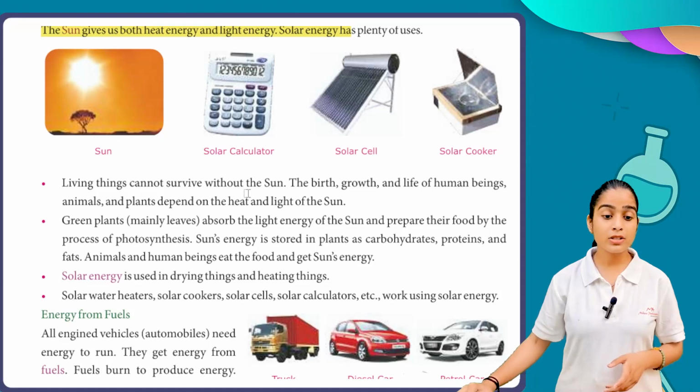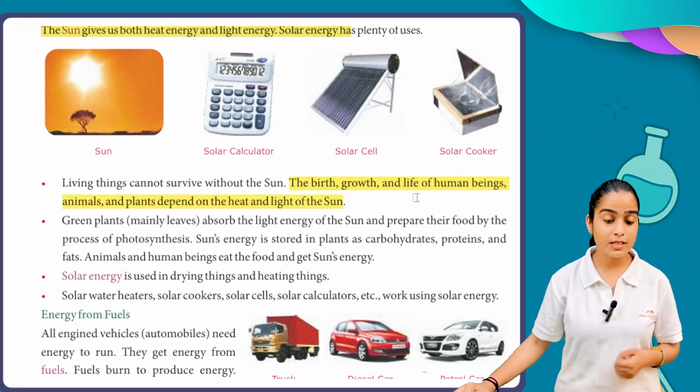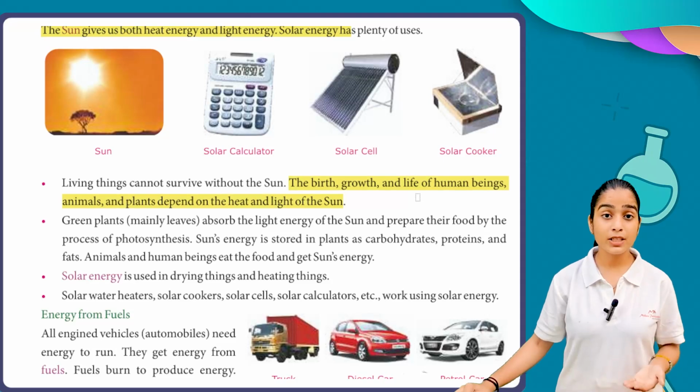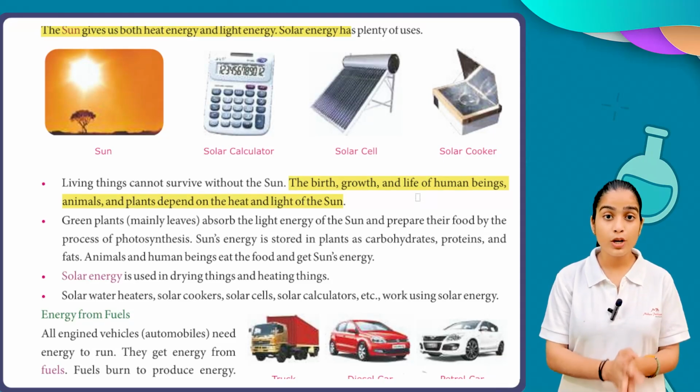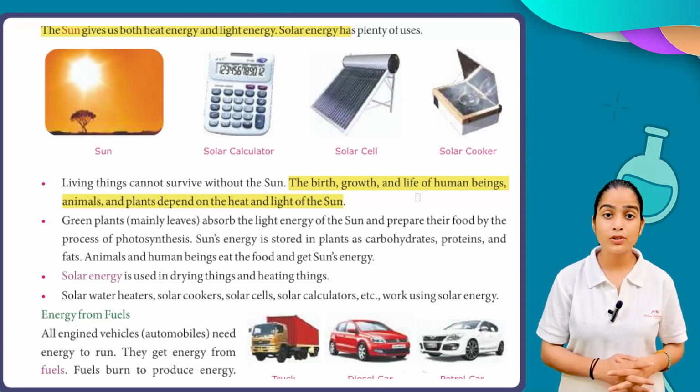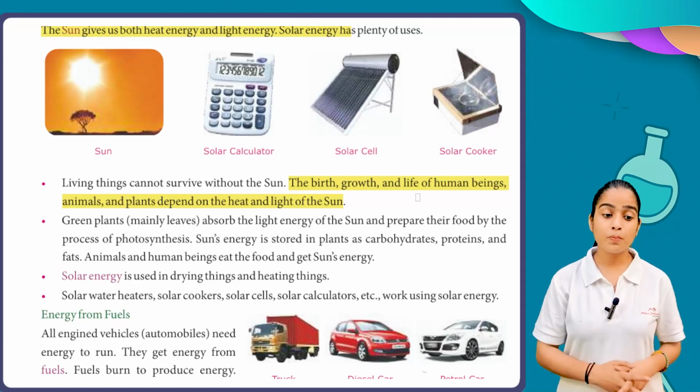Living things cannot survive without the sun because we need sunlight. The birth, growth and life of human beings, animals and plants depend on the heat and the light of the sun. Green plants make their food with the help of sunlight. Without sunlight, they cannot carry out photosynthesis.